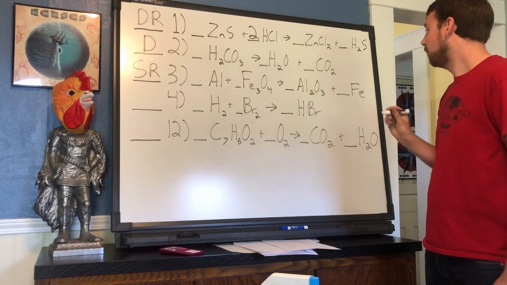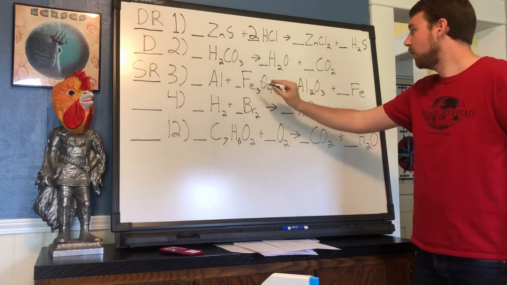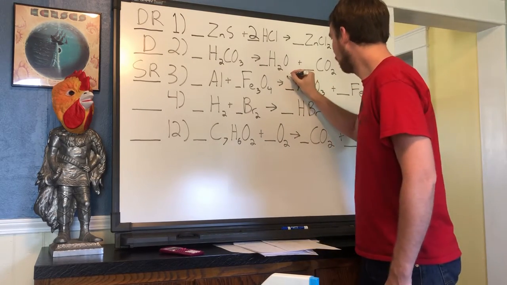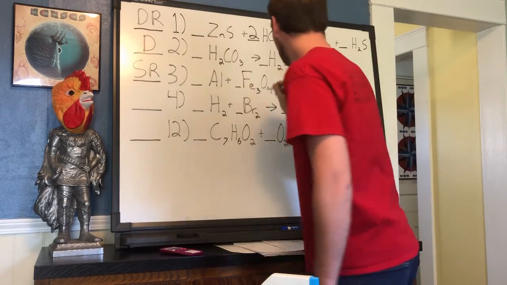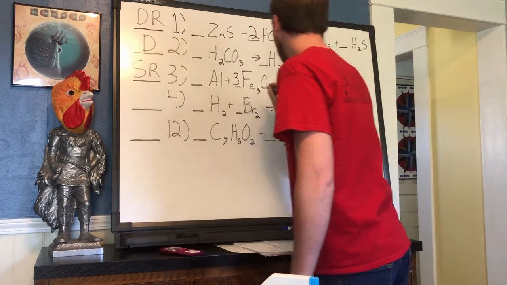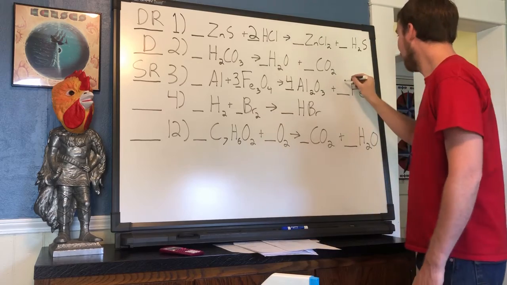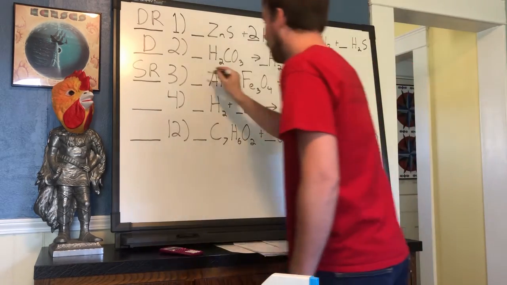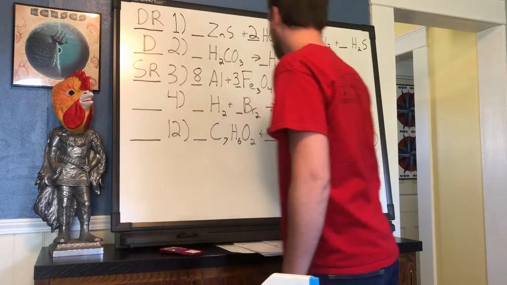So we now need to balance this. We're going to start with balancing our oxygen. So we're going to crisscross a 4 and a 3. That looks like it gives 9 iron, and I should have 8 aluminum.